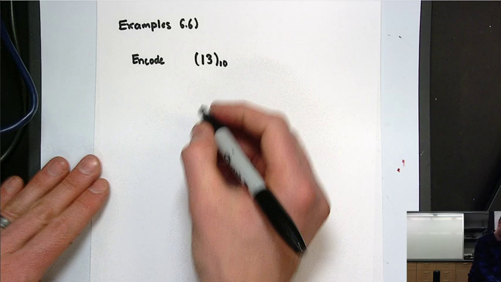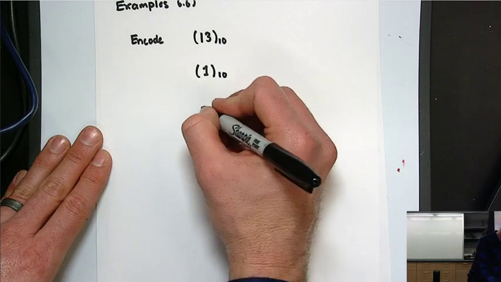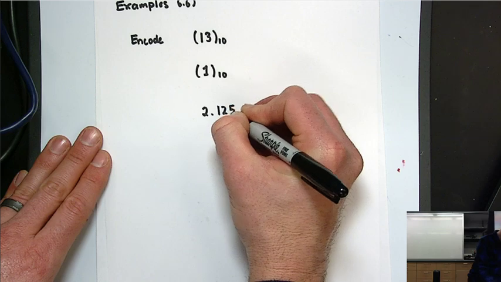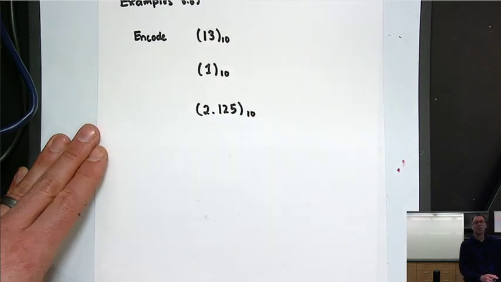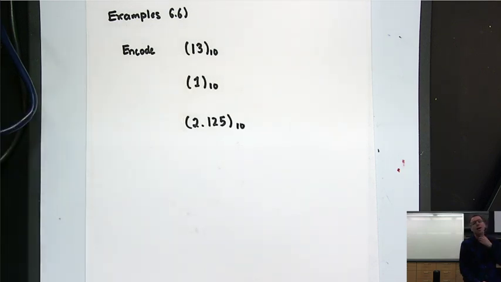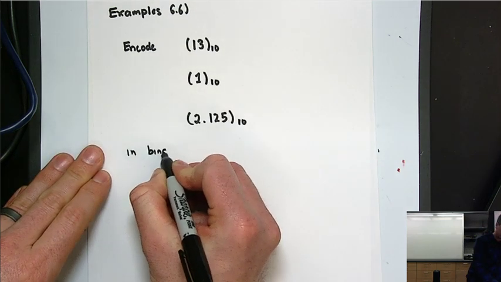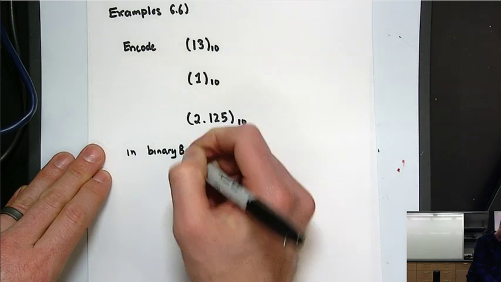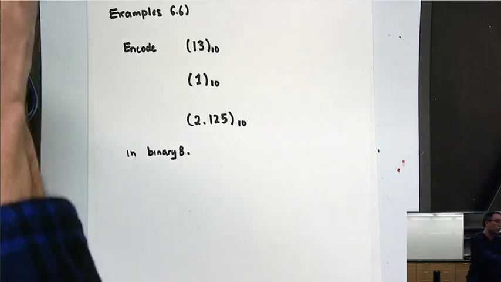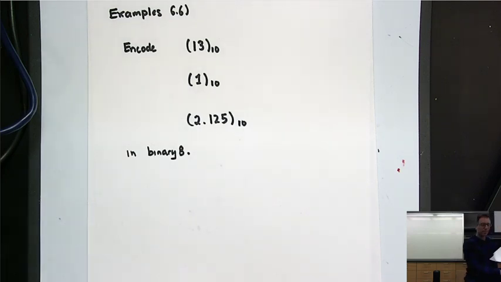Yeah, let's do the number 1. All right, so I want you to encode those 3 numbers in binary 8. And I'll let you choose which of those 3 you want me to do by hand. I'll do it for you. And then I'll share with you some other cool resources.